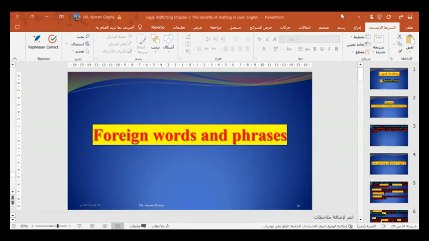"Inter alia" means among other things. "Inter se" means among themselves. "Inter vivos" means between living people. "Mutatis mutandis" means with the necessary changes made. Also "per stirpes" means by the stocks of descent. "Pro tanto".